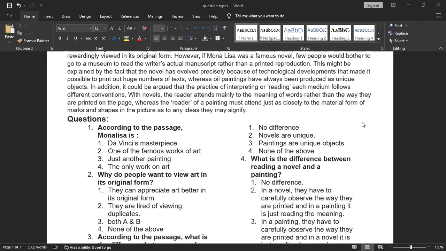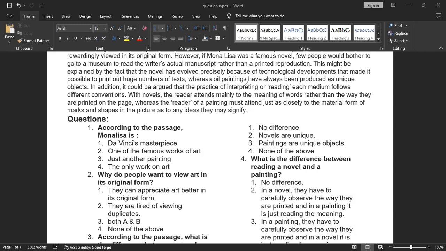Okay. Here, if you want, we can go back to the text. What is the difference between a novel and a painting? With novels, the reader attends mainly to the meaning of words rather than the way they are printed on the page, whereas the readers of a painting must attend just as closely to the material form of marks and shapes in the picture as to any ideas they may signify.